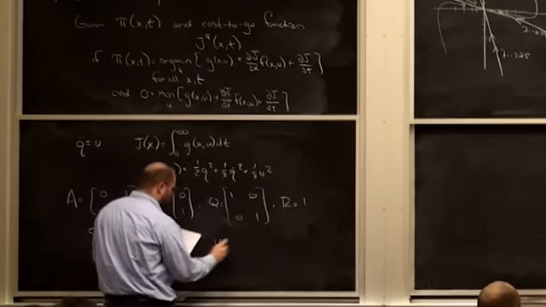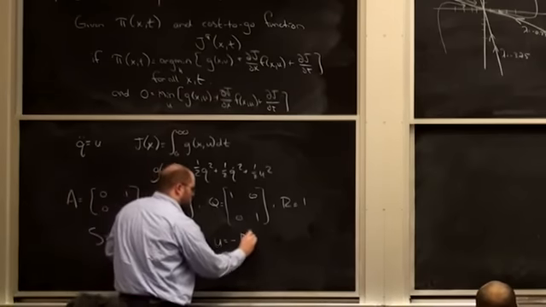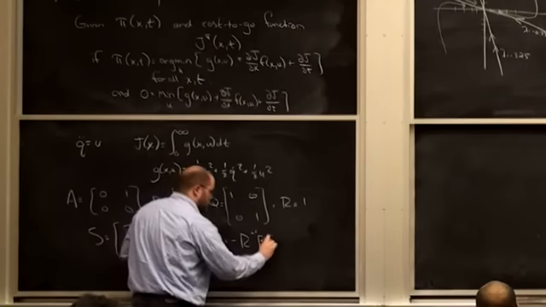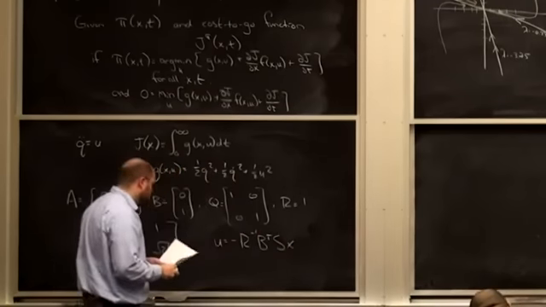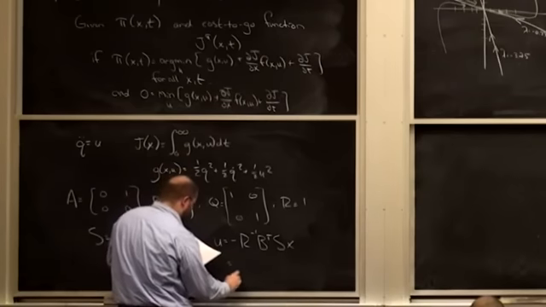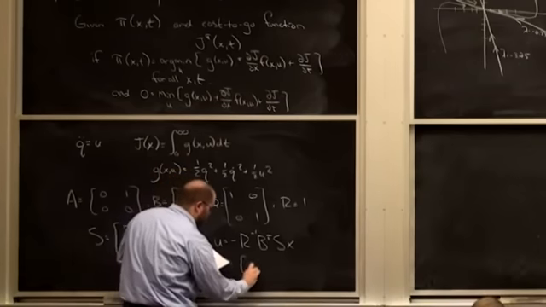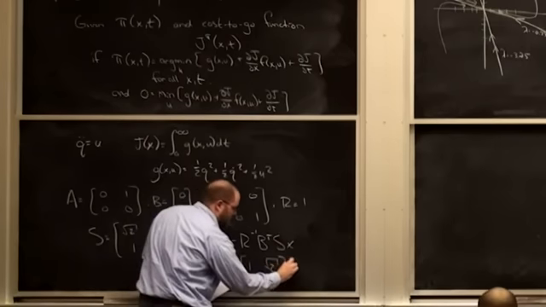U, remember, was negative R inverse B transpose S x, which, if I punch those in, gives me [1, square root of 2] times x.